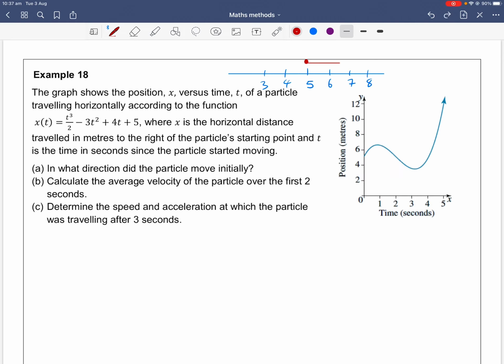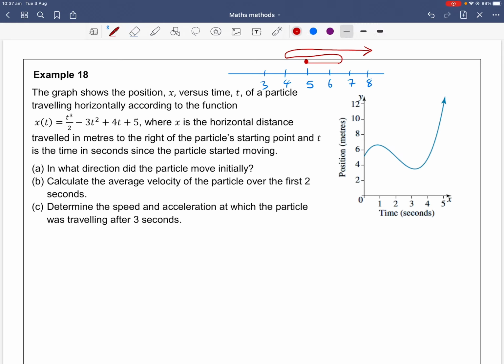So in our number line, the object turns around and hits point 4 at roughly 3 seconds. And then the object turns around again to head towards the right, towards the positive position. So it swings around and keeps moving towards the right as time increases. That's essentially what's happening in this scenario.